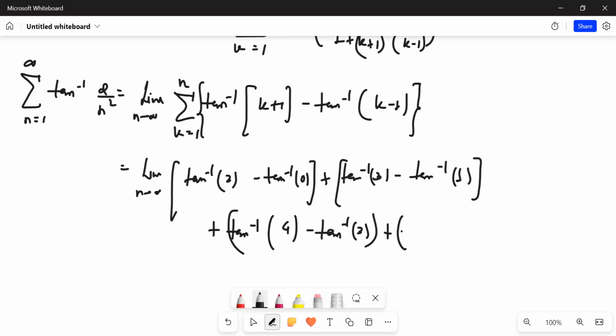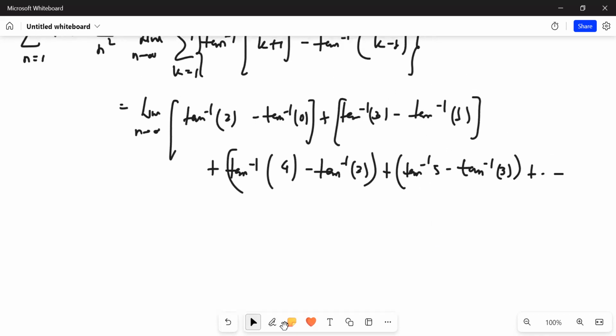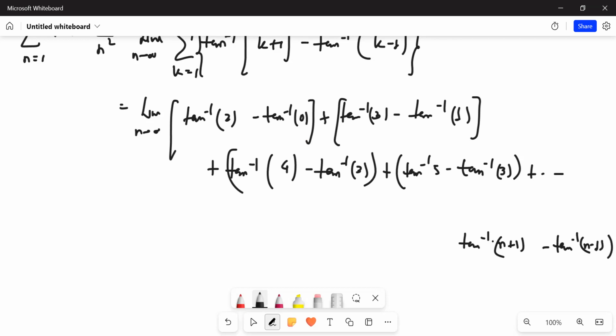Again, place 4, tan inverse of 5 minus tan inverse of 3. And we'll go along. Let me write the last bracket, which would be tan inverse of n plus 1 minus tan inverse of n minus 1. Just place another bracket here, and instead of k, you just place n minus 1.